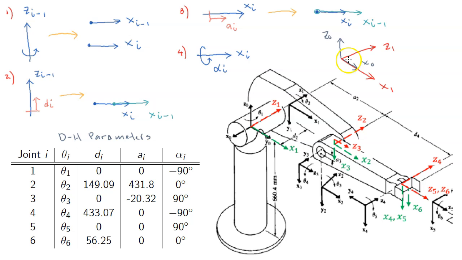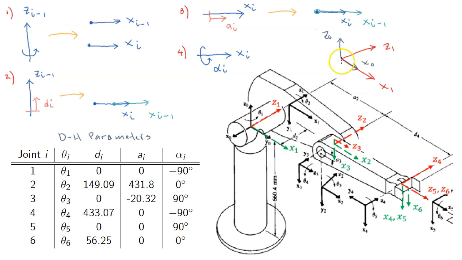So once we have done this, to find d1, we need to ask ourselves how much we have to translate coordinate frame 0 in Z0 to make X0 and X1 be in the same line.